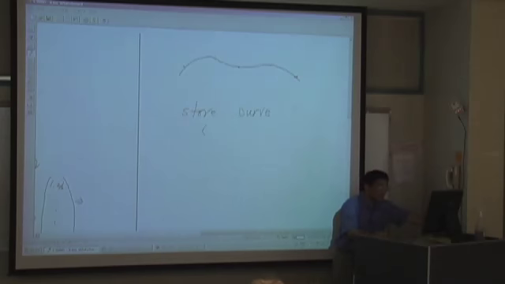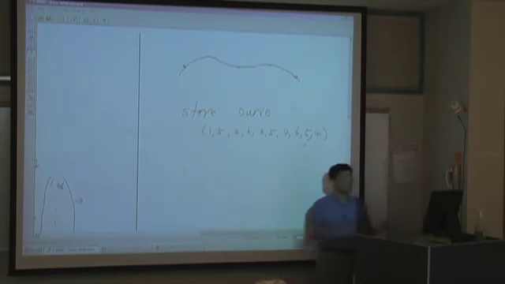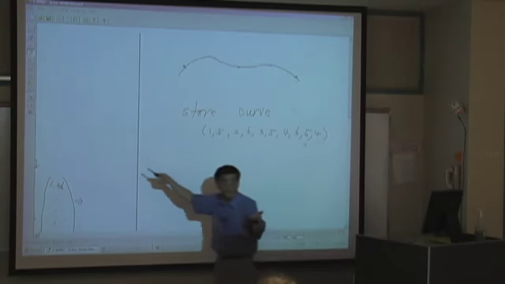By storing the first data point like 1, 5, and the second data point 2, 6, third one 3, 5, fourth one 4, 6, and then 5, 4, right? So this is the curve.